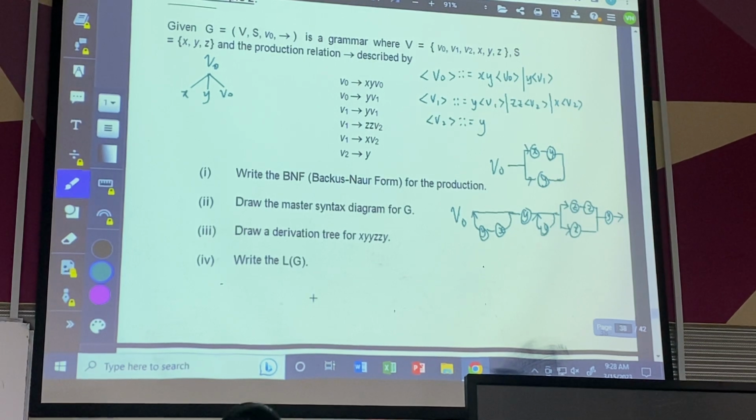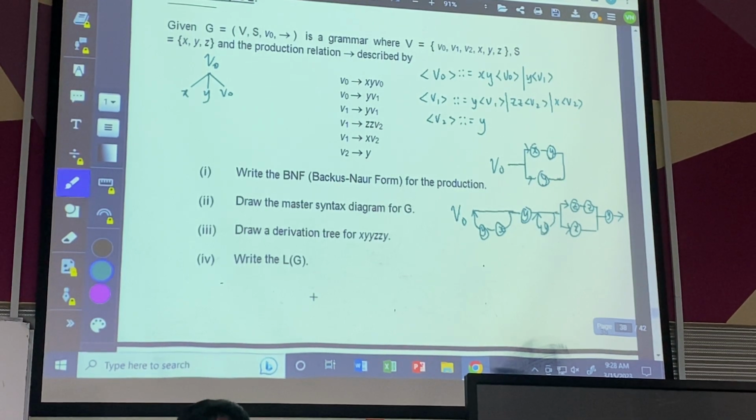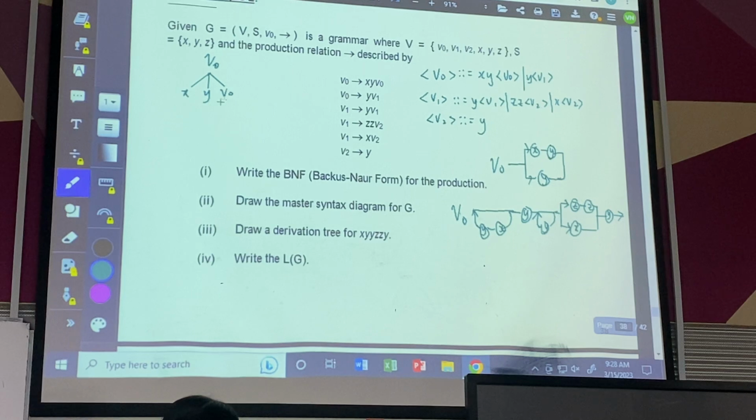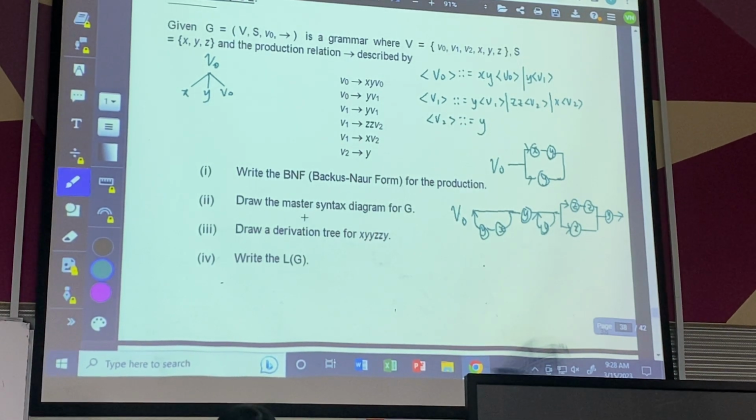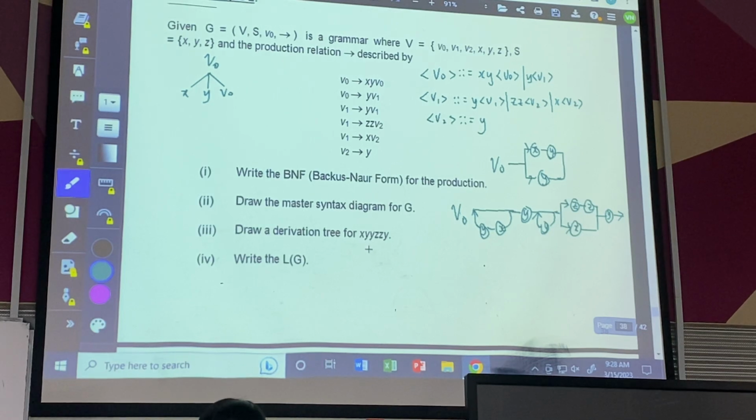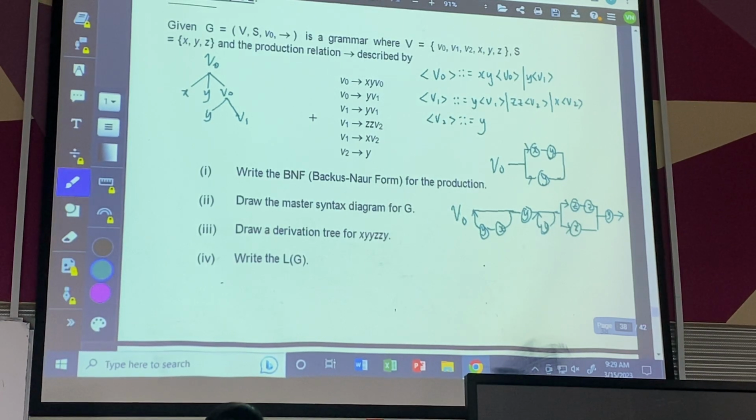So what happened to the v0 now? The v0, you need to substitute with y, v1, right? So that you have the y here. So you draw from here, y, v0, continue, y, v1. Now you have the x, y, y already.